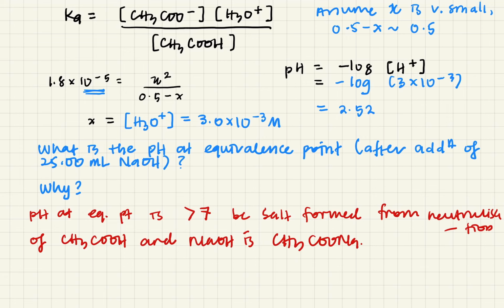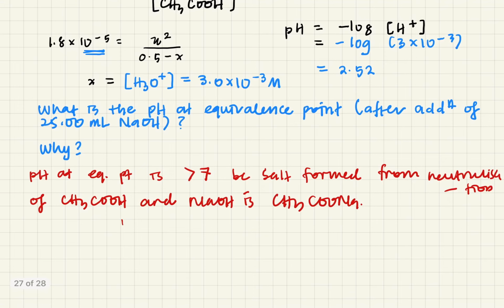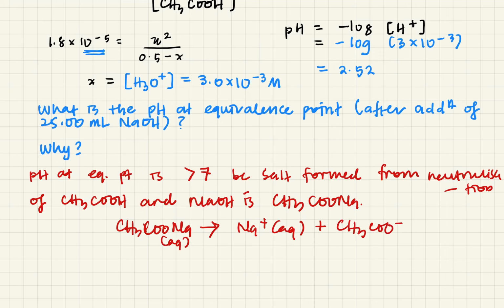CH3COONa kan. So when CH3COONa, your salt, okay, awak tunjuk dia punya ionization, you will form Na+ (aqueous) and your conjugate base. Ingat tak? Okay, so between these two ions, only your conjugate base will dissociate, will react with water.